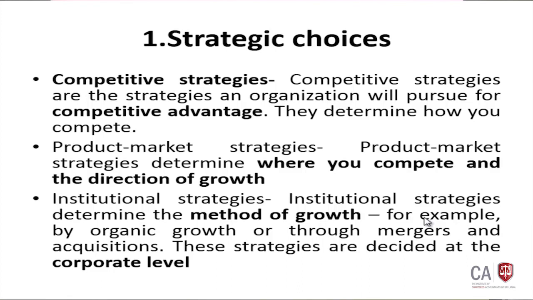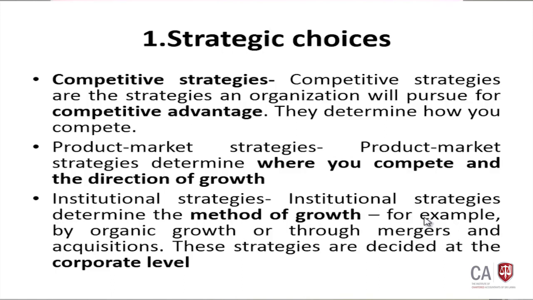Then institutional strategies, this is a group level strategy, a corporate level strategy. These strategies normally determine the method of growth. Here you can determine what type of strategy you apply to achieve growth for the organization. For example, it can be a merger, a joint venture, new investment, acquisitions, franchising.